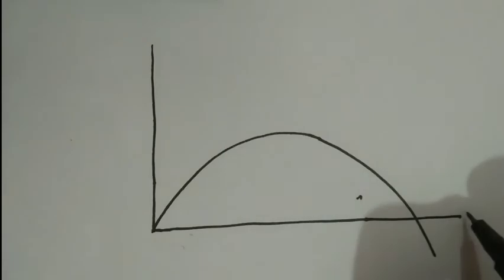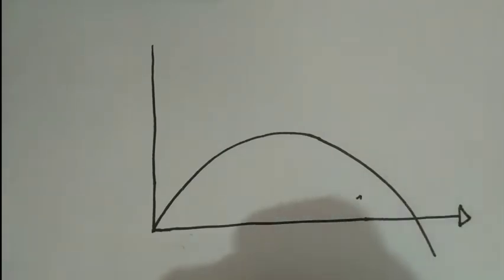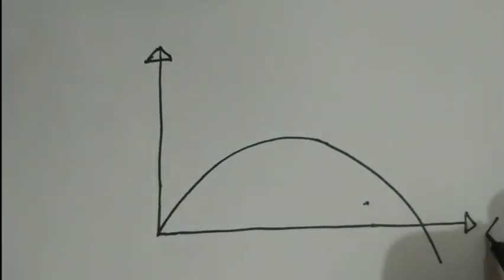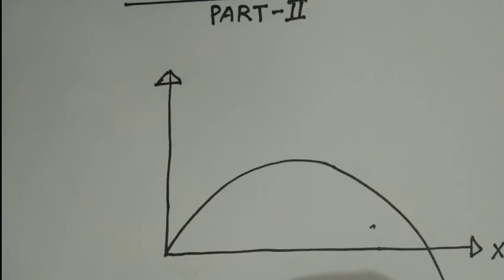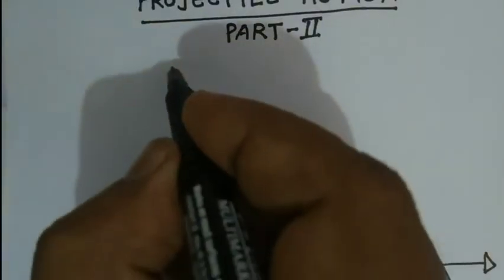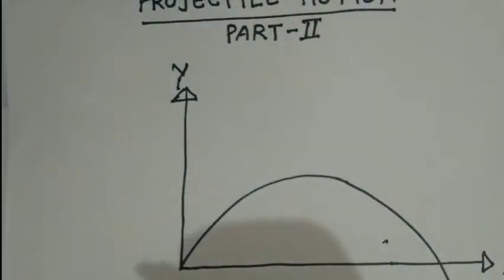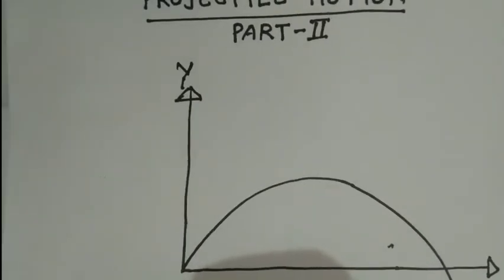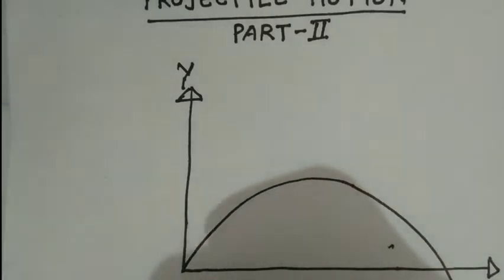Along horizontal motion, the velocity throughout the flight remains the same, but along vertical motion, the acceleration due to gravity is constant and velocity changes from position to position.